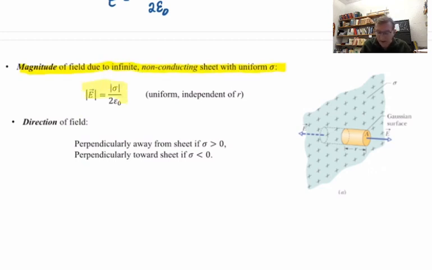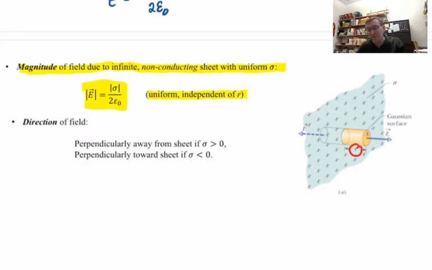E magnitude equals sigma magnitude over 2 epsilon 0. And notice, it didn't depend upon this distance r, did it? That the cap is from the sheet itself. Doesn't depend on r. That means I could have chosen the Gaussian surface twice as long as this one, and I still would have gotten the same value for E.